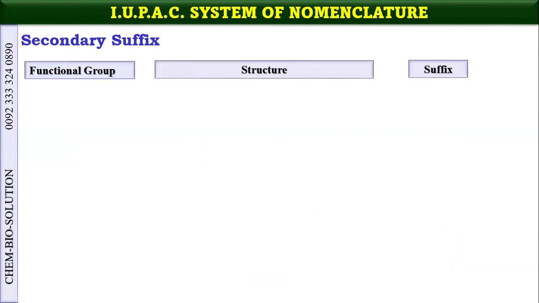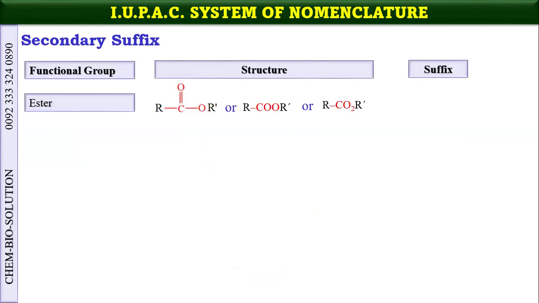Okay, now see, the functional group is ester. Ester has different designations. It can be designated by this, this, or this. And the suffix "oate" is used. Now see, the carbon atom which has the double bonded oxygen, the carbonyl carbon, is part of the chain and it is always one.